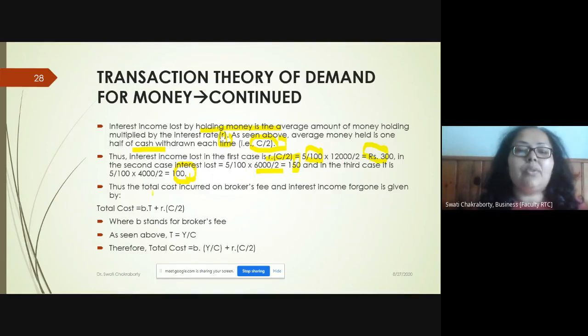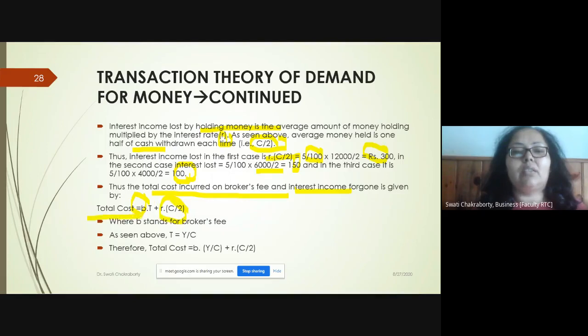And this is one cost, and the other cost is the cost incurred due to broker's fee. That is, each time he goes to the bank he has to pay a fee. The total number of times he goes to the bank is T, and the broker's charge is B. So the total cost incurred by the individual on broker's fee is B into T, and the interest income foregone is R into C by 2.